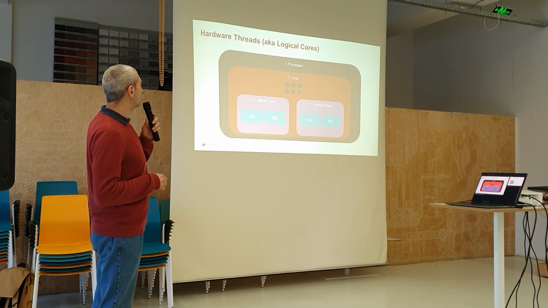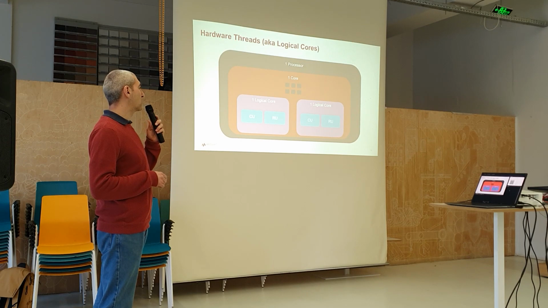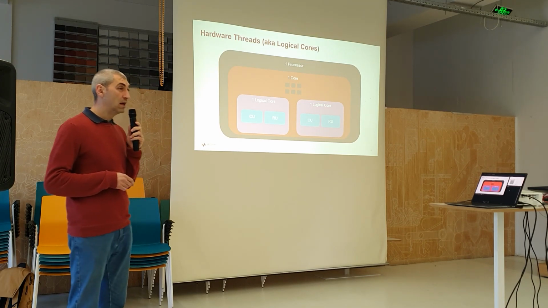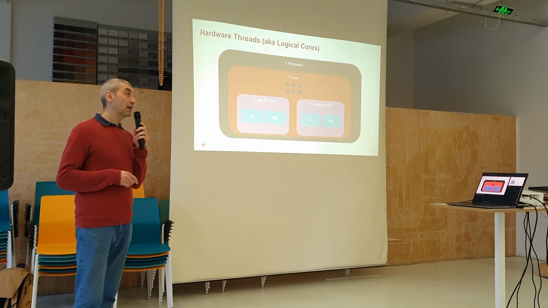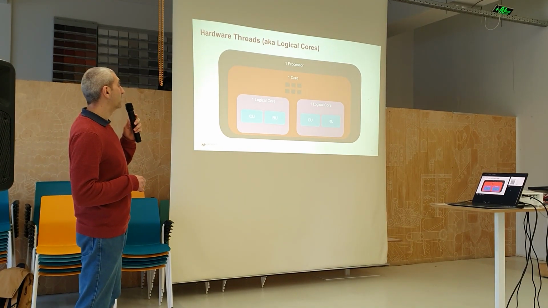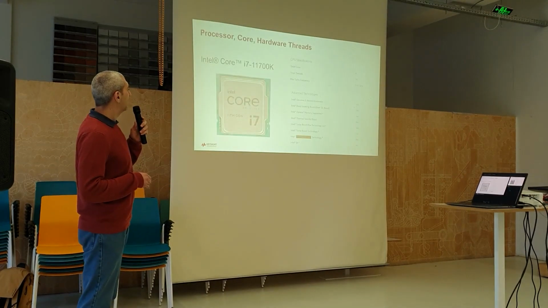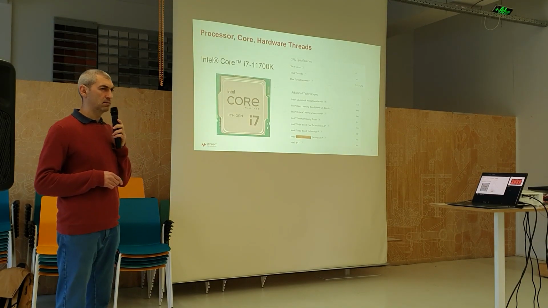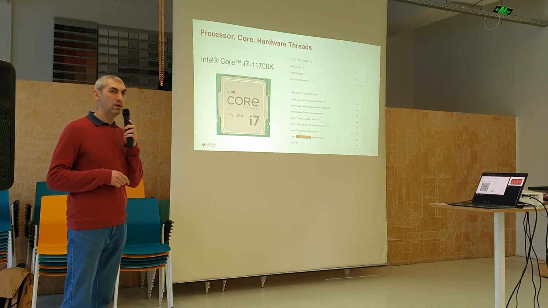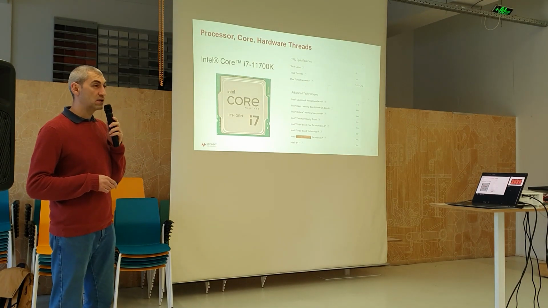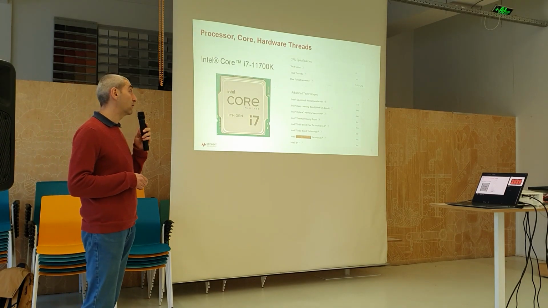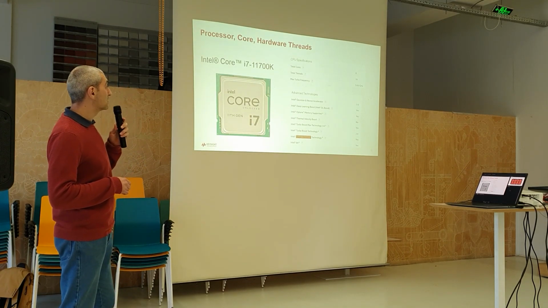Now, let's have a quick overview of what is the processor, what is the core, and what is a logical core. As stated on the Intel web page, before you buy a processor, you can find information about its specifications.